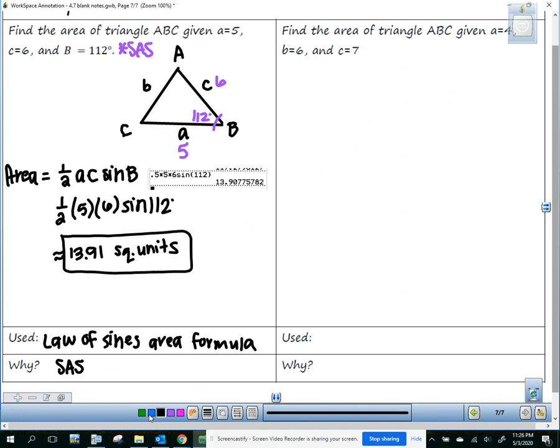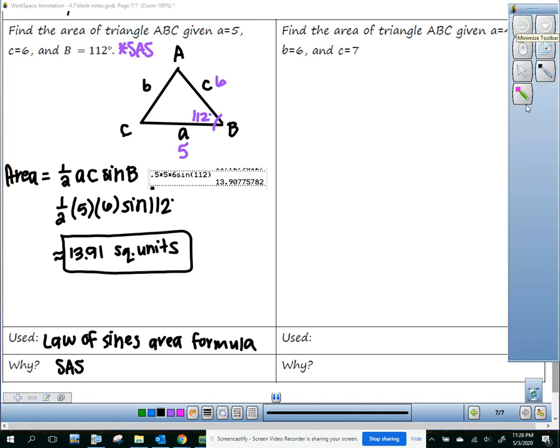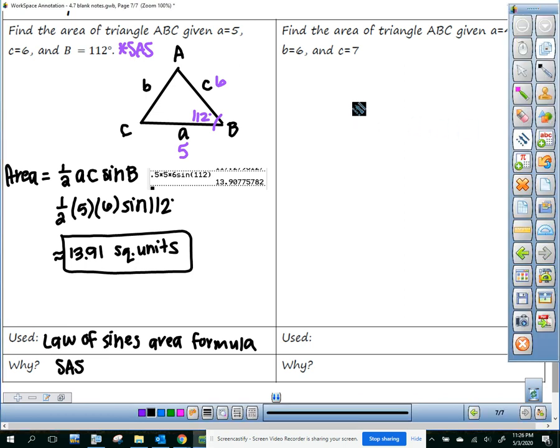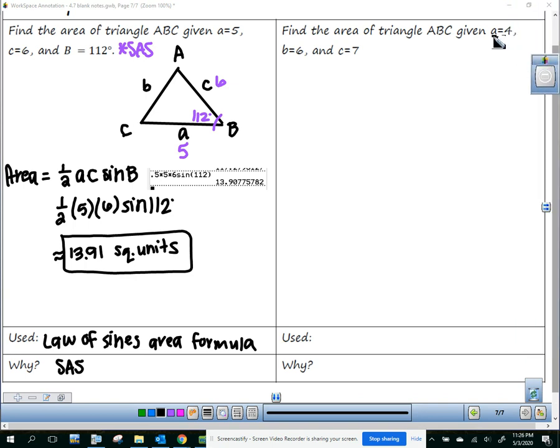Now, in the second example, I'm going to sketch a triangle again. Actually, you don't even have to sketch it because you can see what you're given are all three sides. So I know I'm given side, side, side, so I know I'm going to use Heron's formula. So you don't even need a picture.